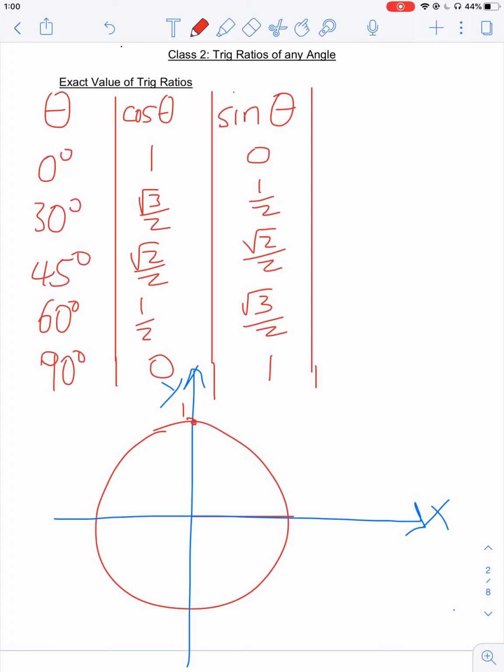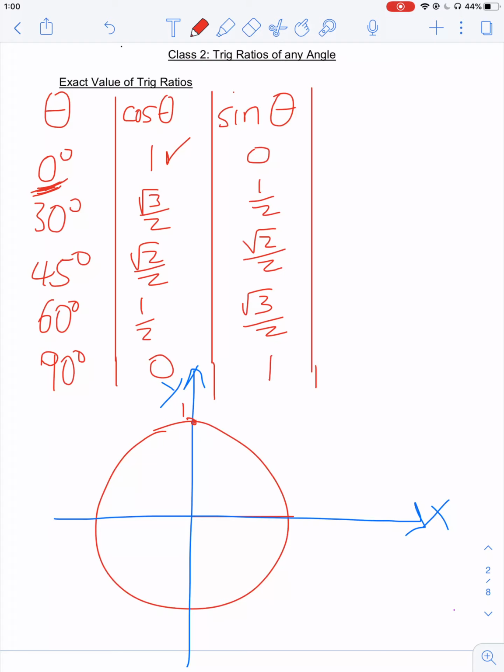So if you use your calculator and you calculate cos of 0 degrees, your calculator will give you 1. Now if you do cos of 30, your calculator will give you an ugly number. So cos of 30, I think, is 0.866.